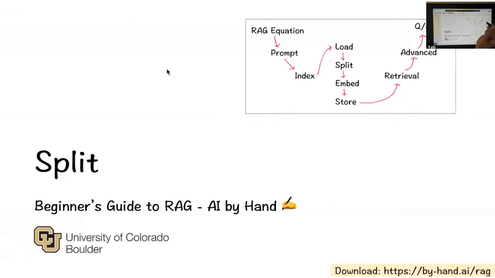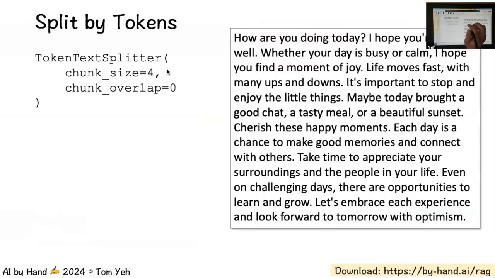And on the splitting part, I want to highlight the most important parameters you can control in the split process: the chunk size and also the chunk overlap. Token text splitter is just an example of a library you can use to split your data. I did it earlier just by hand, but the token text splitter will do exactly what I was doing, automatically.